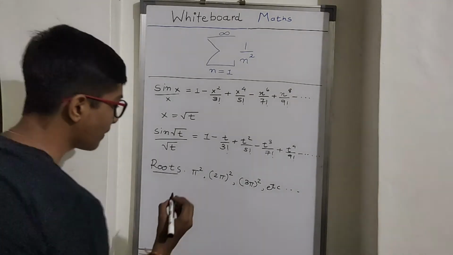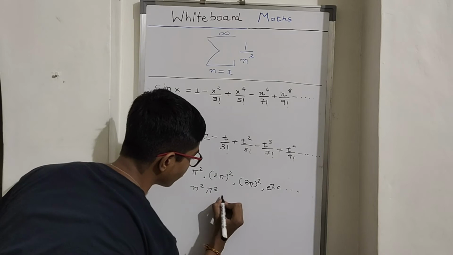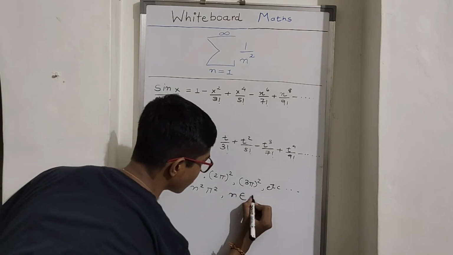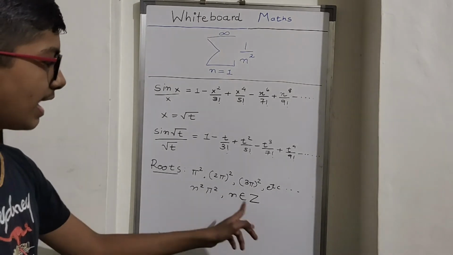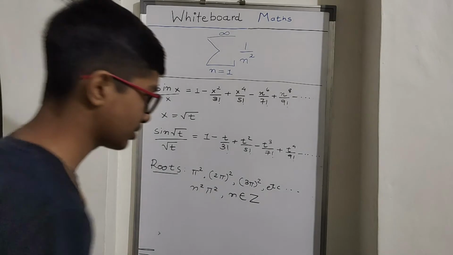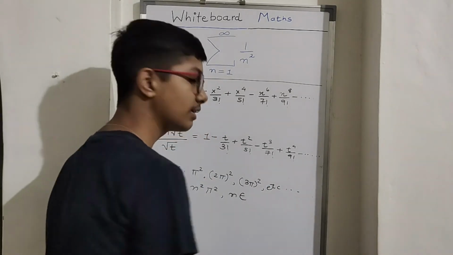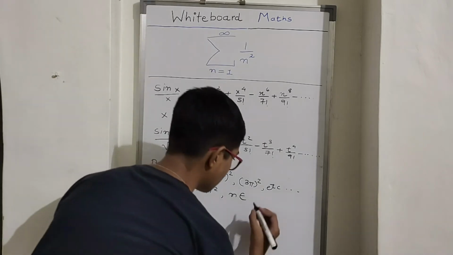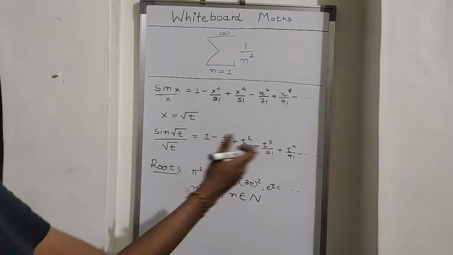In general, n squared pi squared. Here n will not belong to the set of integers. It will belong to the set of natural numbers. So this is it.